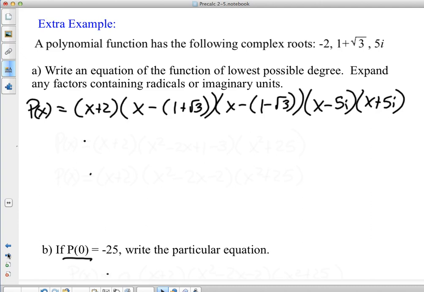How are you doing with your pairs? You doing okay? Is it making sense? Yes, no, maybe, possibly.